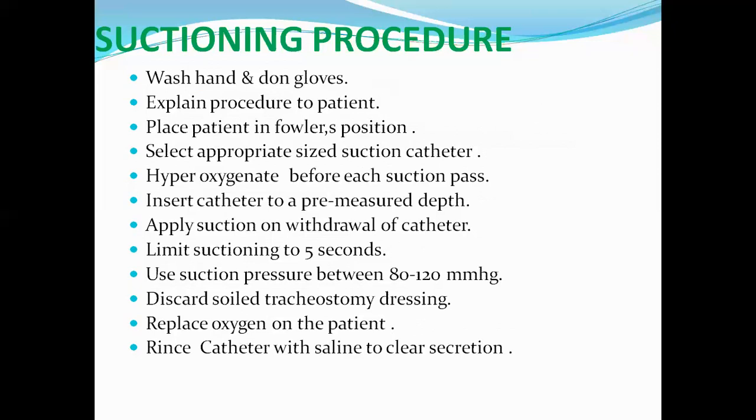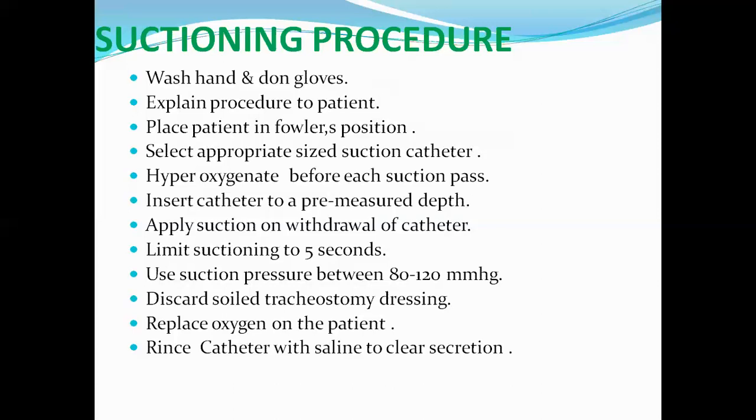Then next, discard the soiled tracheostomy dressing. When we are performing the suctioning, if the tracheostomy dressing becomes soiled, at that time we have to discard it and apply another sterile tracheostomy dressing.